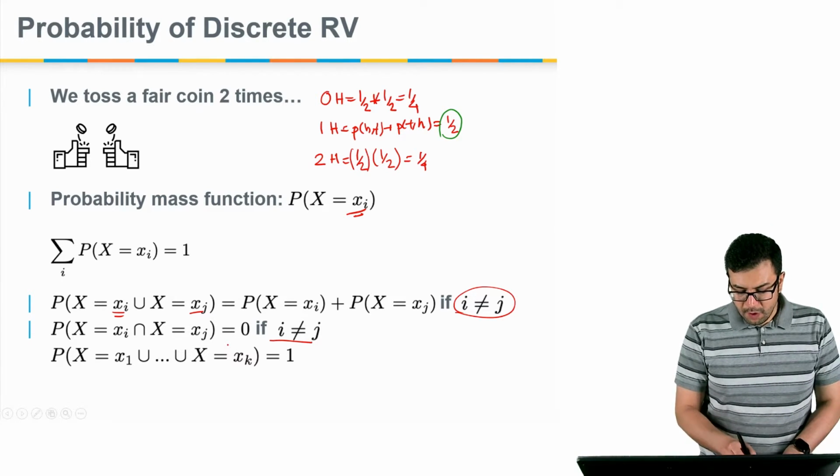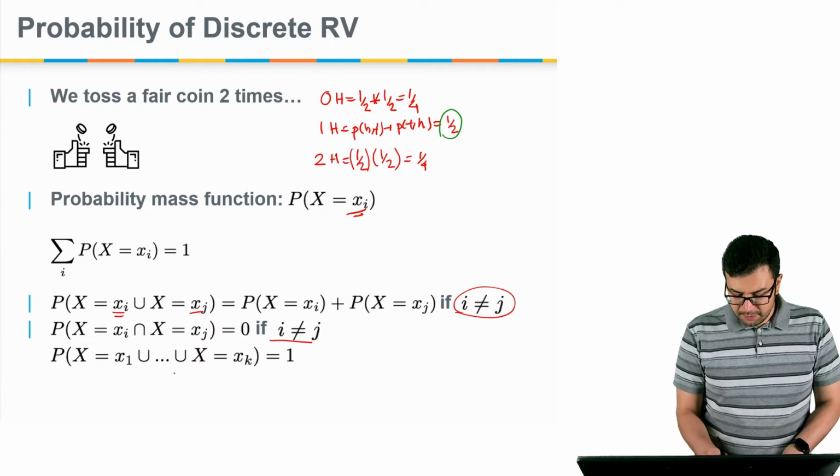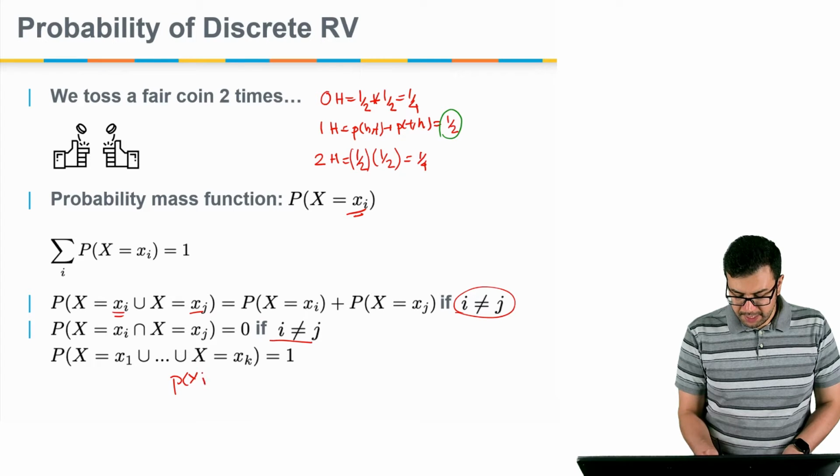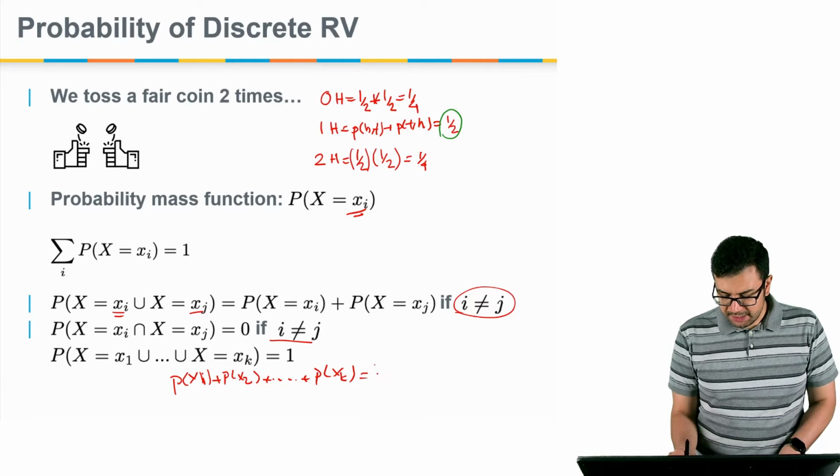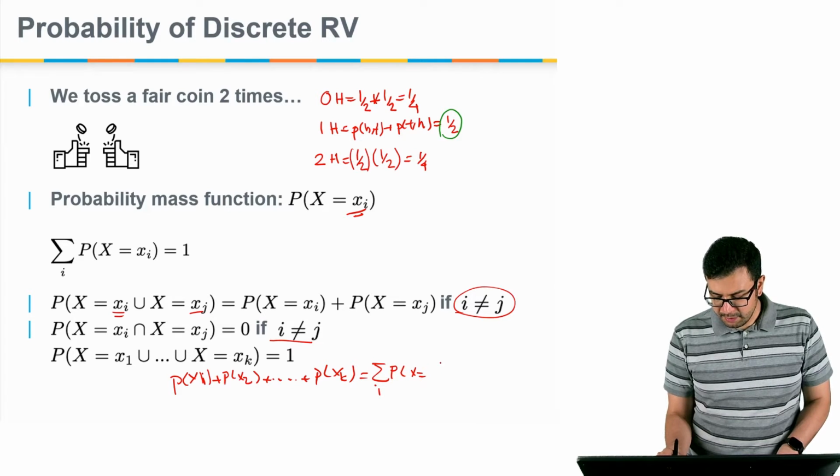The union of all events happening at the same time is the same as we calculate the probability of P(x1) plus P(x2) all the way to P(xk), which in this case is to calculate sigma of all P(X = xi), which we know from above equals 1.